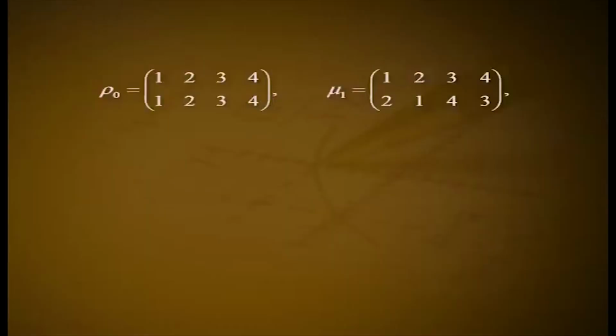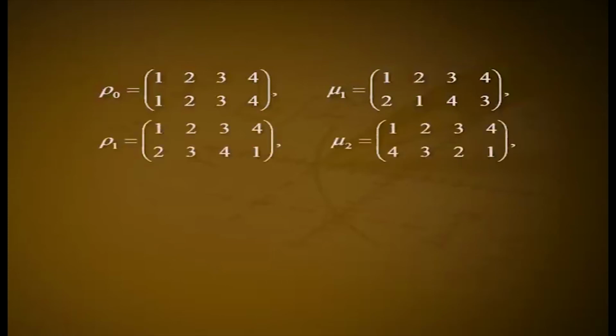There are 8 permutations involved here and they are: rho naught is equal to permutation 1 to 1, 2 to 2, 3 to 3, 4 to 4. Mu 1 is equal to 1 to 2, 2 to 1, 3 to 4, 4 to 3. Rho 1 is equal to 1 to 2, 2 to 3, 3 to 4, 4 to 1.